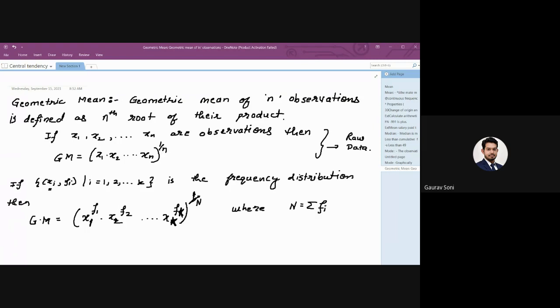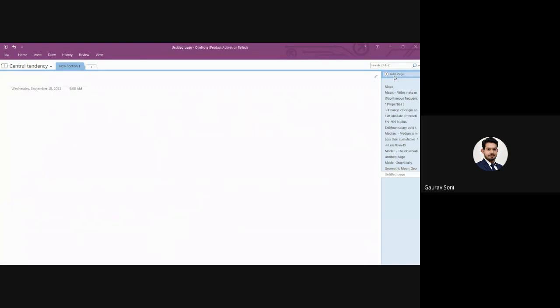Scientific calculator. Yes, so one way is the scientific calculator. The other one is we take the log to make things easier. Whenever we have an example on geometric mean, we'll do it using log because log will make things easier.